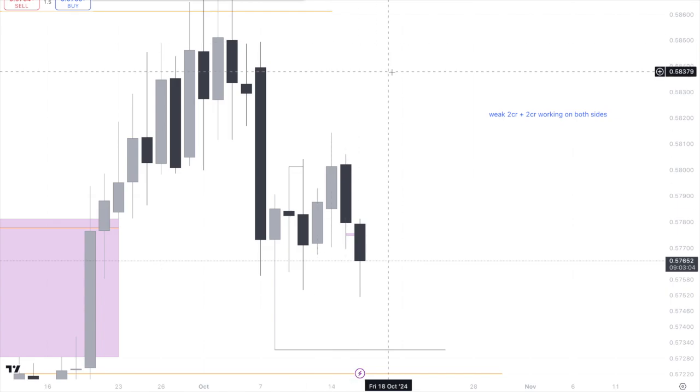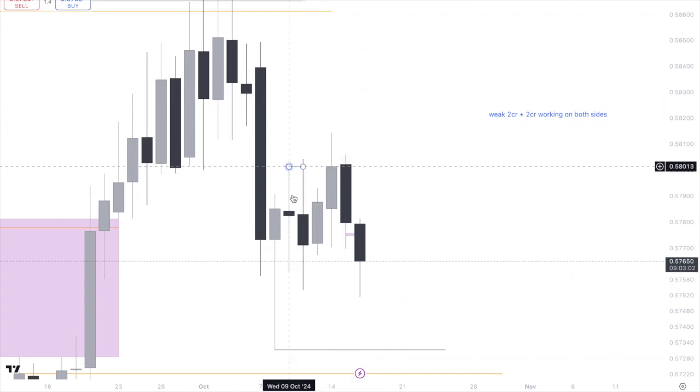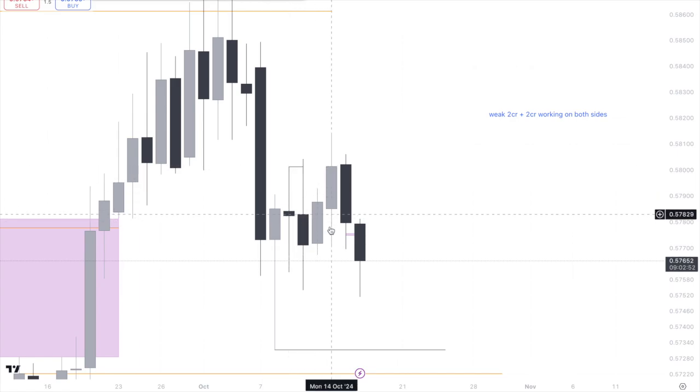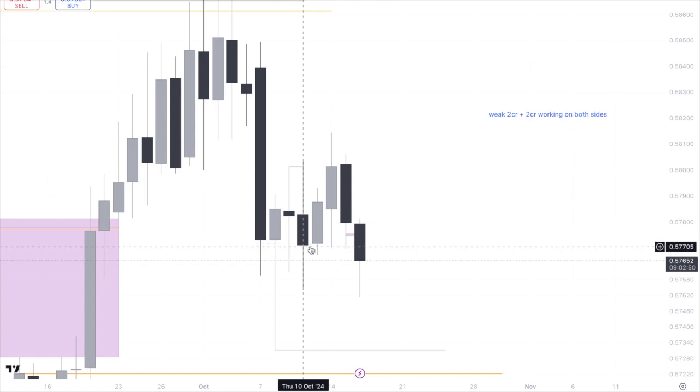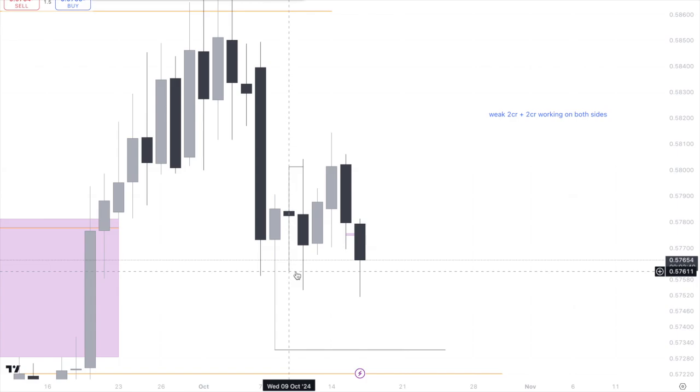So what we've got, decent rejection, but not a conclusive rejection, in my opinion. And then this second candle sweeps it and then drops lower, which is reasonably suggestive that you'll go lower down. However, it has also swept this side of the candle, so this is where it gets complicated, because there's lots of sweeps and new PD arrays that you're looking at.